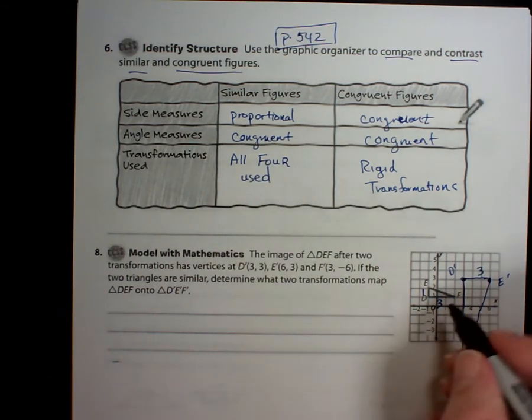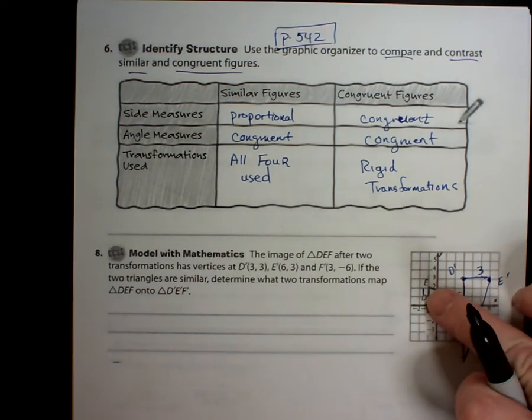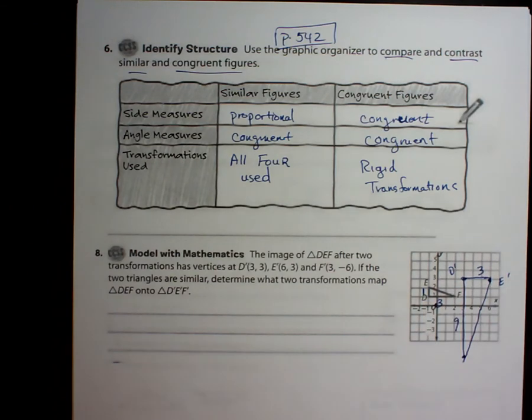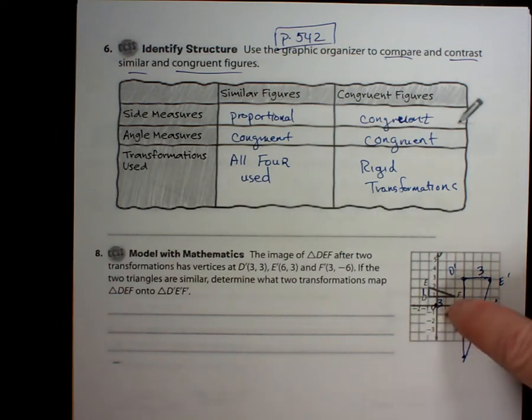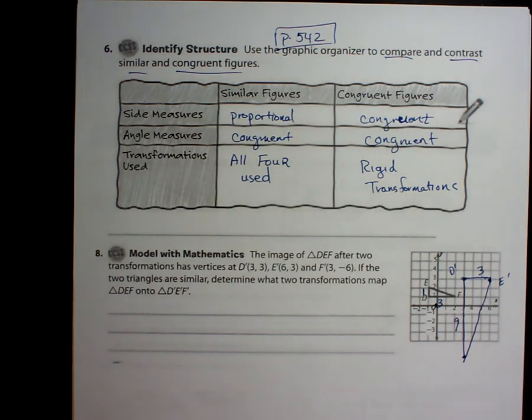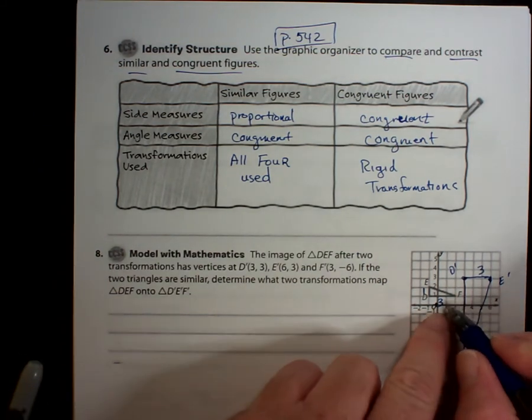Okay, how do we do that? If I rotate this 90 degrees about the origin, if I turn it one turn, this point right here is going to come to that point. I hope this is going to be the right transformation.